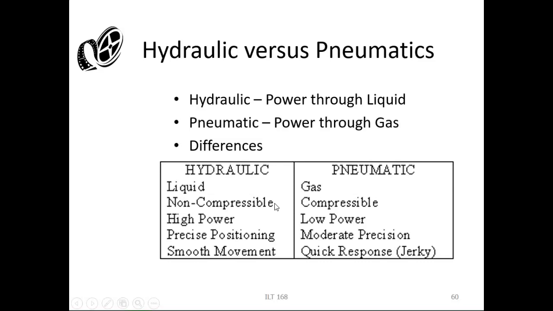If I cut off the fluid flow into or out of a hydraulic component, it's not going to move because it's not compressible. Pneumatics can have some bounce to them. Hydraulics don't. That's why hydraulics are so precise, pneumatics really not so much.